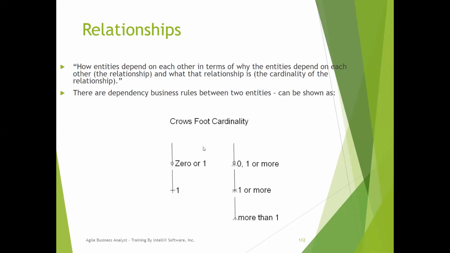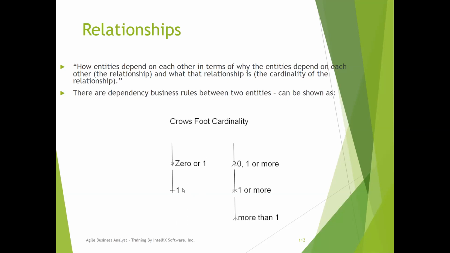For example, if I have a phone number as an entity and a customer as another entity, I may or may not have a work number. I may have only a home number and a mobile number. In that case, the work number becomes 0 to 1.